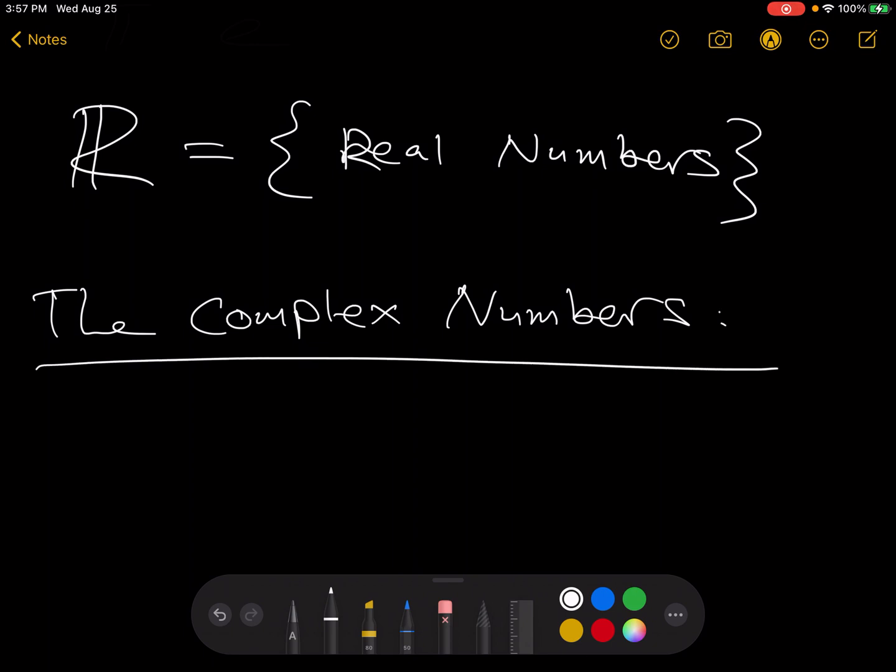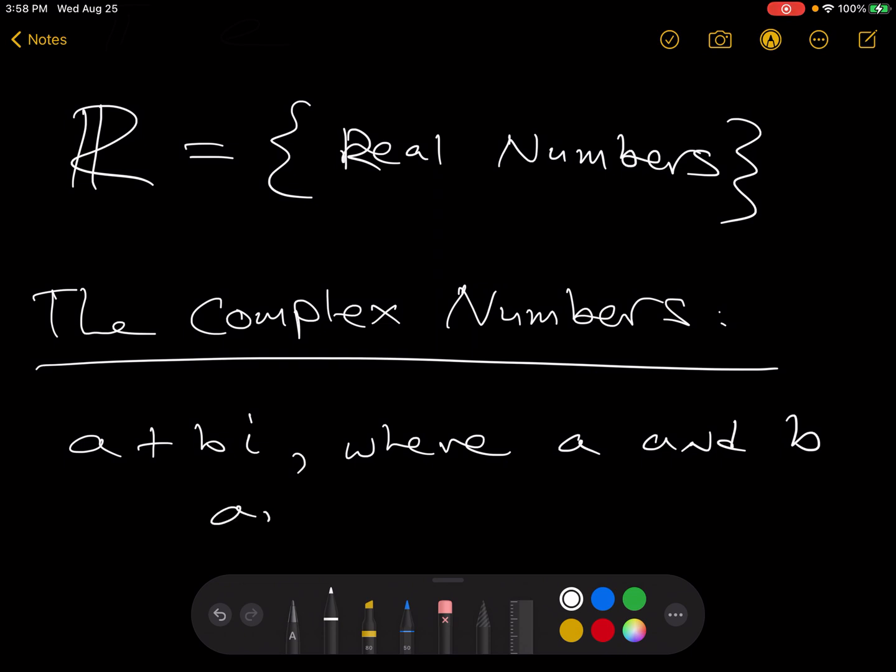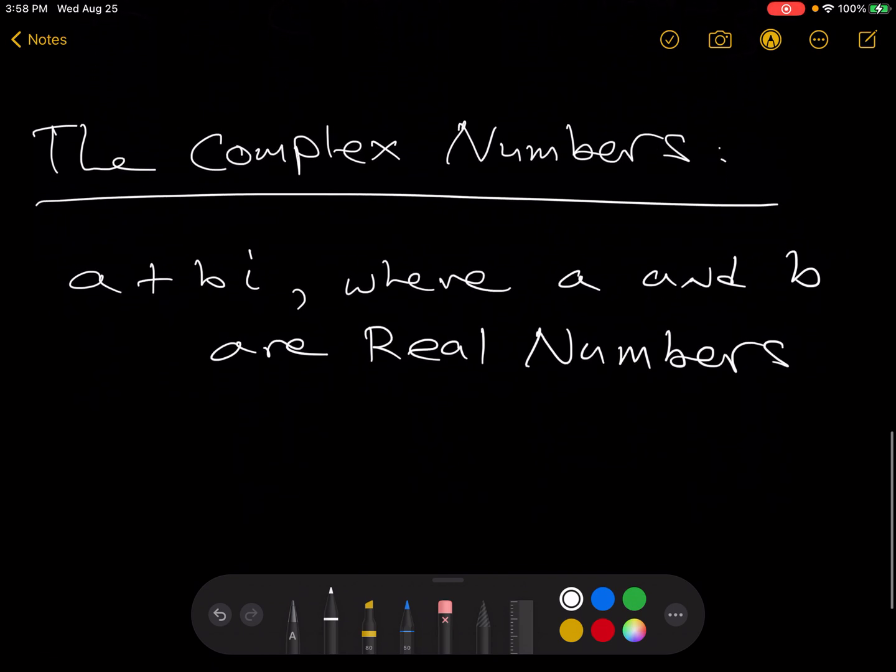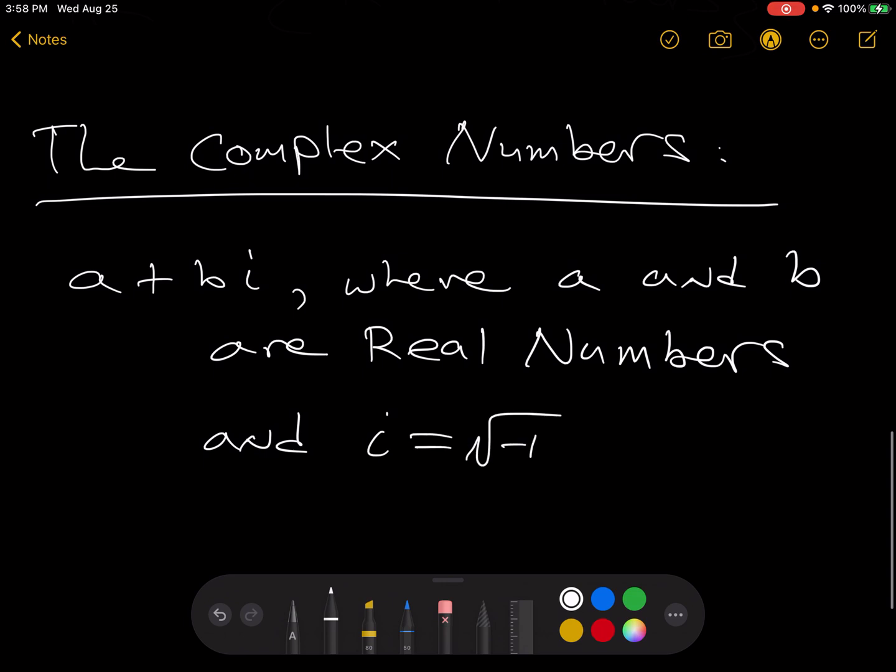The complex numbers are a plus b i, where a and b are real numbers and the i is the square root of -1. And it's really this i equals square root of -1 that makes them the complex numbers.